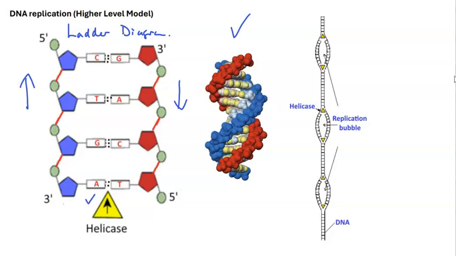Helicase is in position and is opening up the hydrogen bonds as previously described, so that either side of the DNA molecule can move apart to act as a template for replication. But here's the first additional point for your learning, which is that this replication actually occurs in what are called replication bubbles, and there are numerous replication bubbles along the entire DNA molecule.